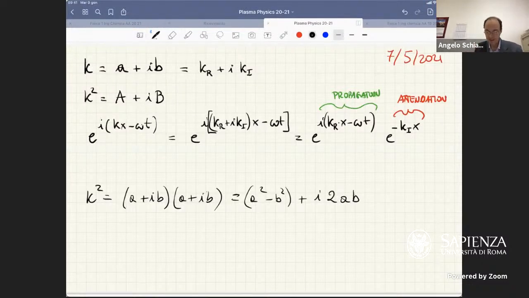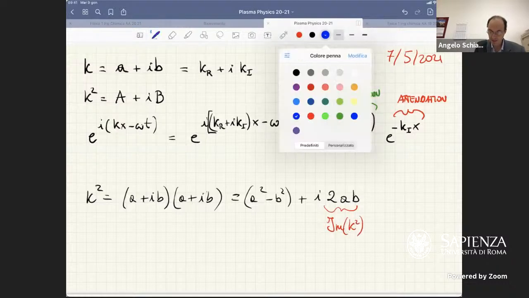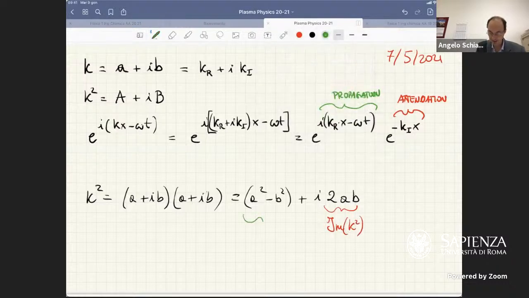Okay, and we can identify now with the same color code that this is the imaginary part of k squared. And the first term is the real part of k squared.